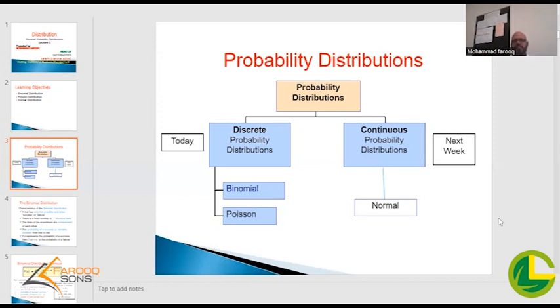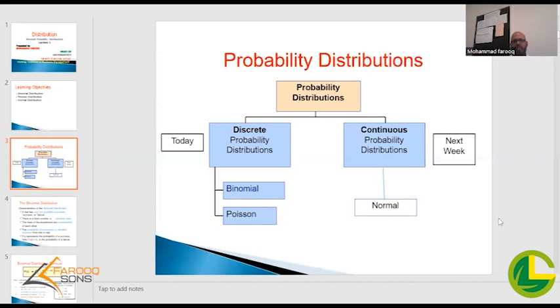Let me just revise what a discrete random variable is. In short, the variable which is countable, which you can count easily, is called a discrete random variable. For example, number of students in a class, number of accidents on a road in a week, and many other examples. A continuous random variable means the variable which is measurable and lies within some interval.